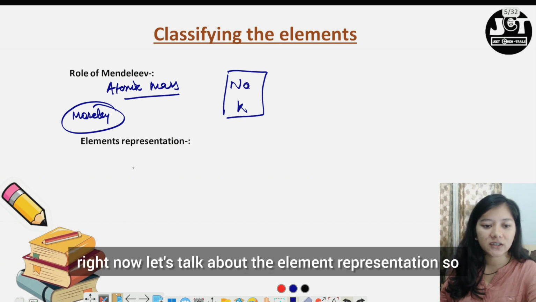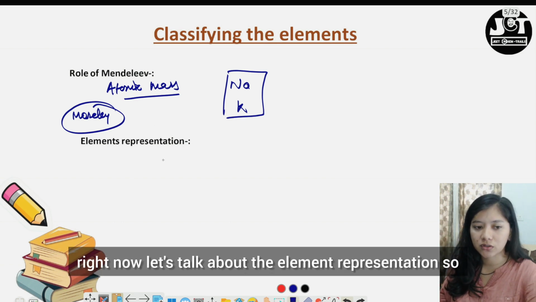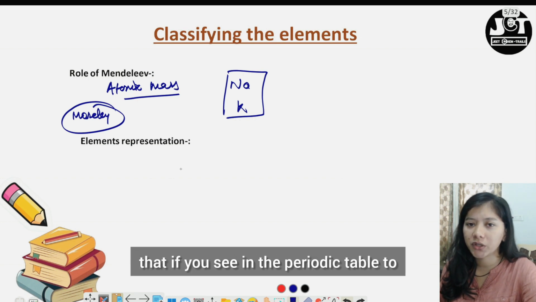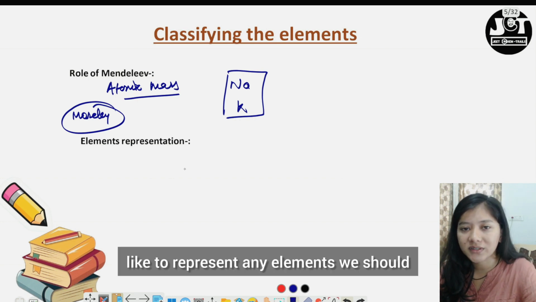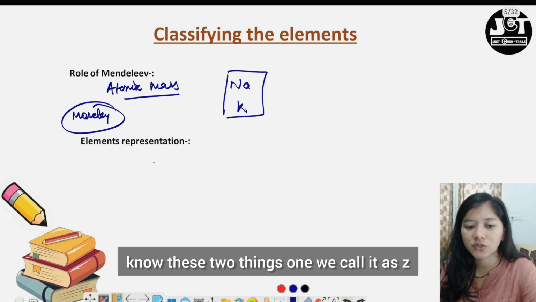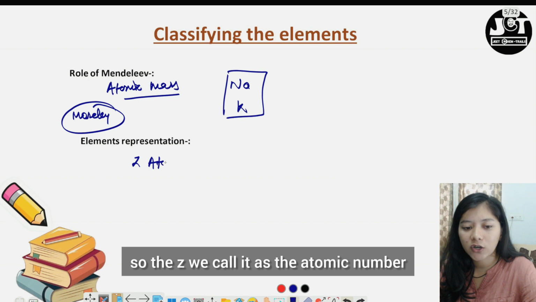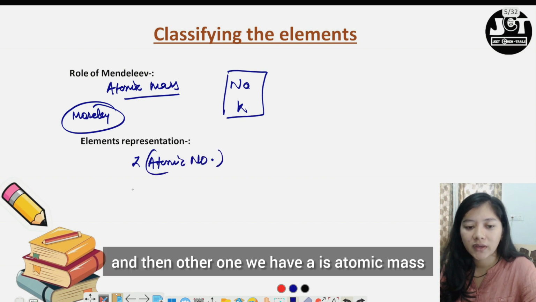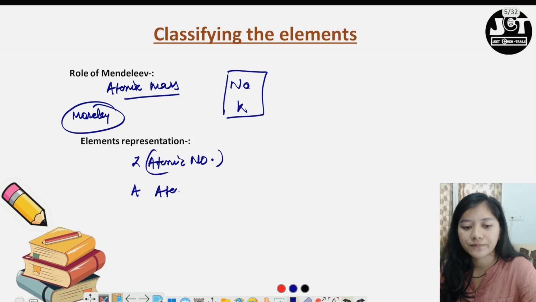Now let's talk about element representation. How does an element look? If you see the periodic table, to represent any element, we should know these two things. One, we call it Z, the atomic number. The other one we have is A, the atomic mass.